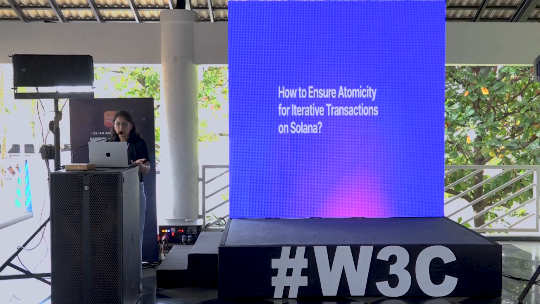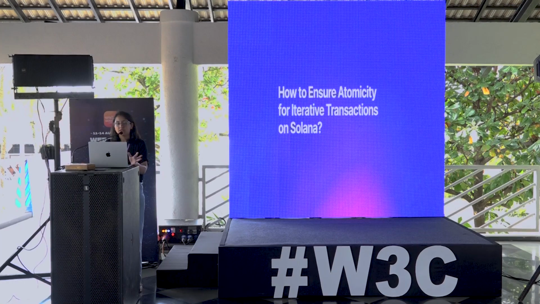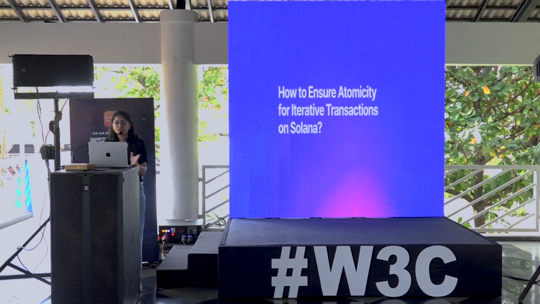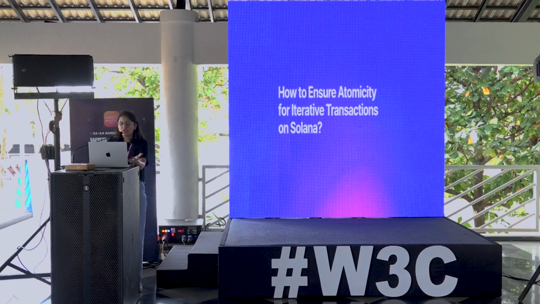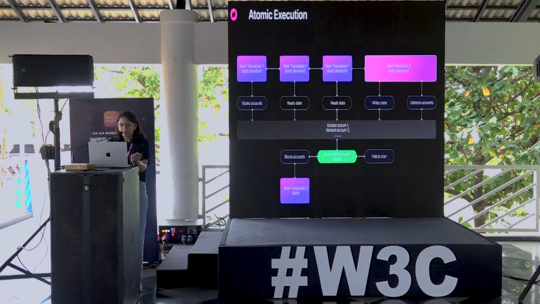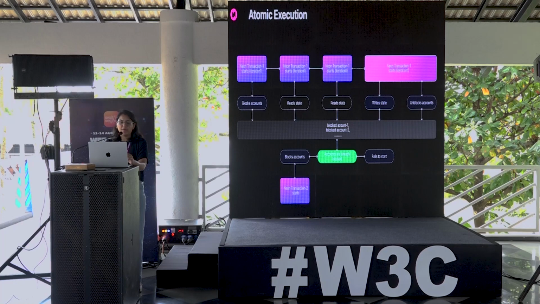Why do we say that if it's an iterative transaction, we can presume that it will secure its atomicity? Atomicity is basically that a transaction should be executed fully or it shouldn't be executed at all. So that's what we call atomicity. Now, how do we ensure this among the iterative transactions? As I said, when the Neon transaction starts, let's say there's one part of the transaction that we start to execute on the Solana blockchain.